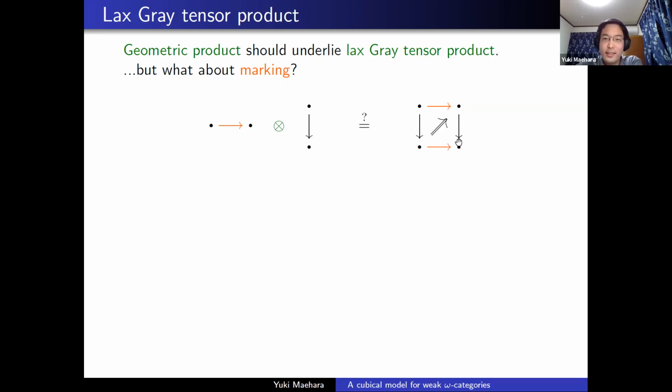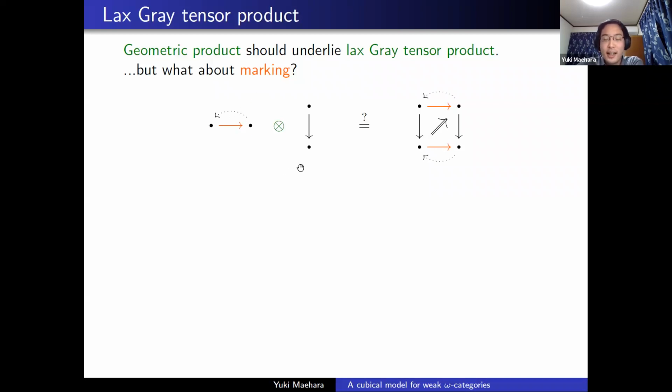To figure out whether we should mark this thing or not, we actually have to think a bit more about what the Gray tensor product is supposed to do, and also what the marking is supposed to do. About the marking, I said that the marking should indicate that this cube is invertible in some sense. So let's just imagine having an inverse to this marked morphism.